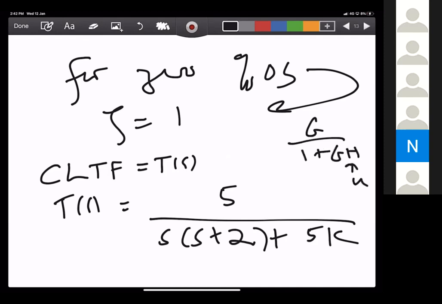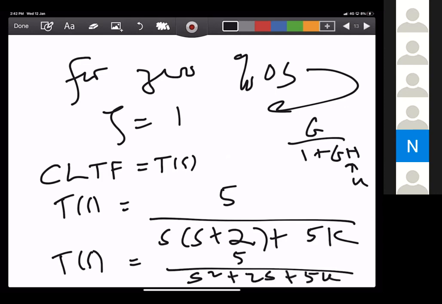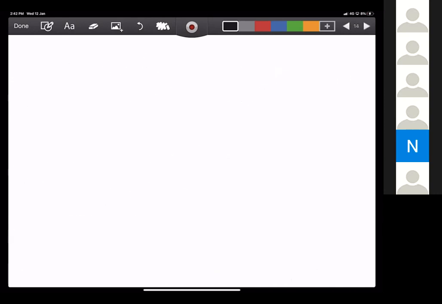So this one is K. So 5 to multiply by 5K. Okay. So simplify. By K.